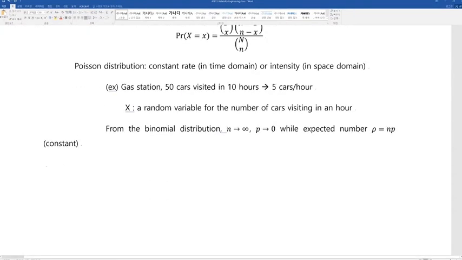So with these assumptions, the Poisson distribution can actually be derived starting from a binomial distribution.